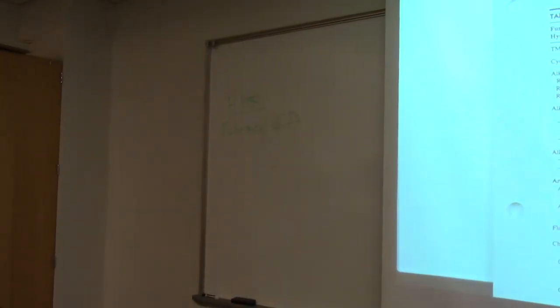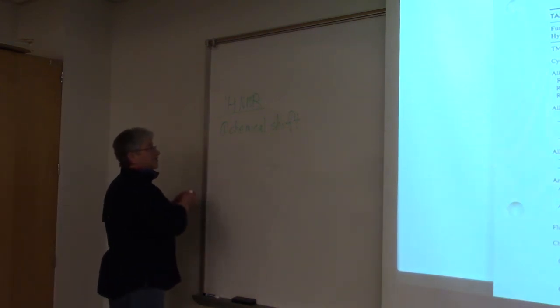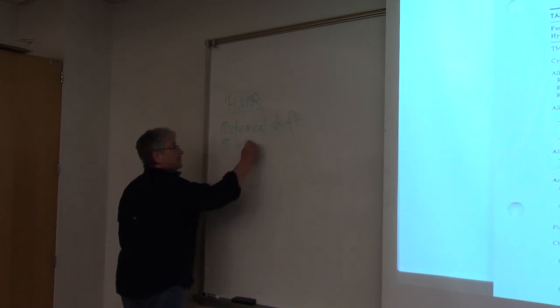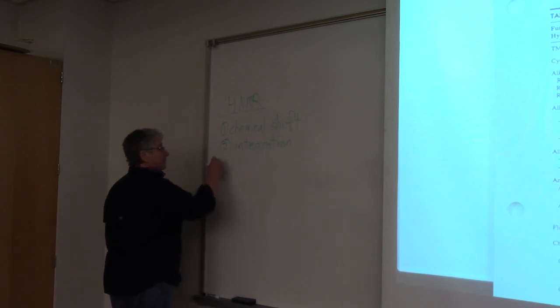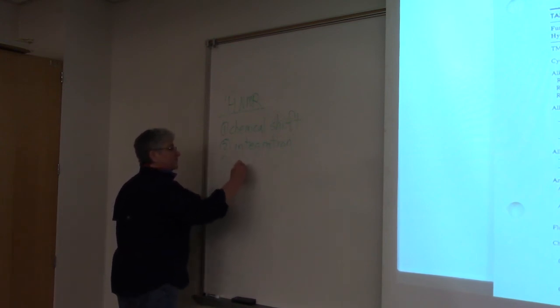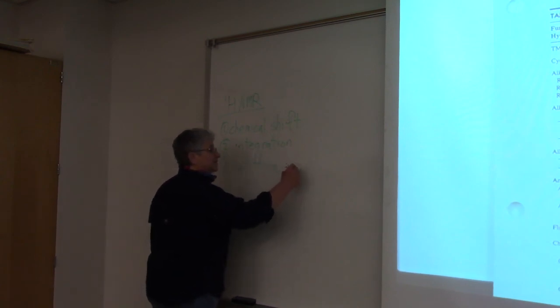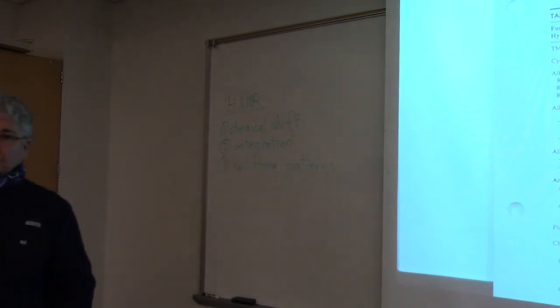Right, so there are 3 things that we will eventually talk about. One of them is chemical shift. One of them is integration. And probably the most important one is called splitting patterns. Okay, and we'll discuss all three of these today.